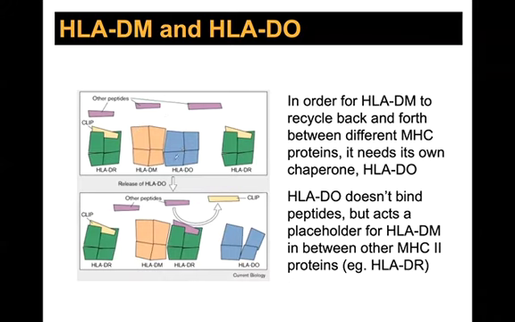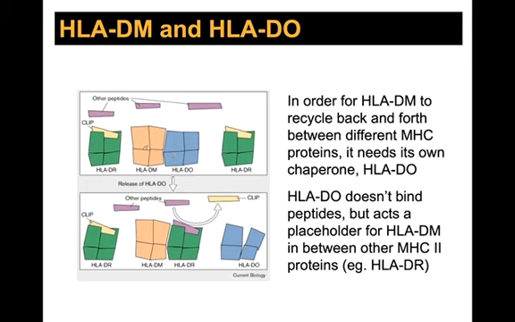But in order for it to do this, it has to cause a conformational change. And if you think about protein structures, for most proteins, they get one shot at a conformational change and they can't change back. But DM has got to do this repeatedly over and over. And so DO is not the thing that's facilitating peptide exchange. Rather, it's a placeholder for the MHC2, and it resets it.